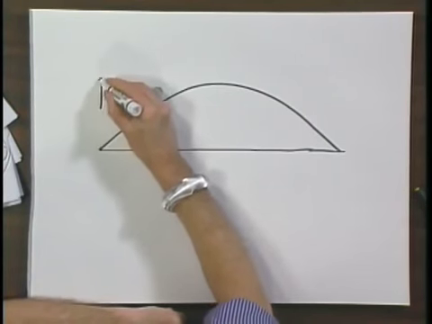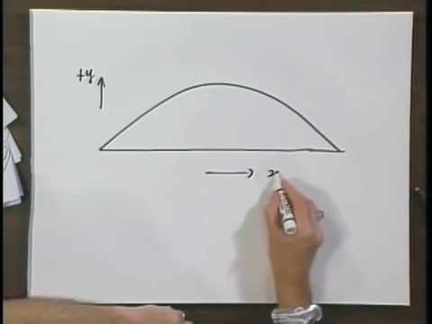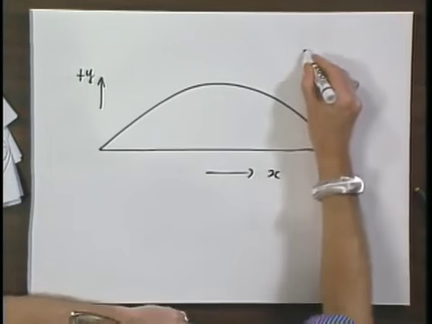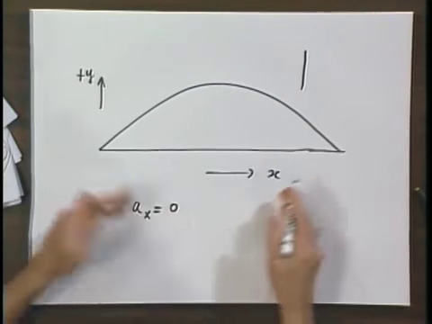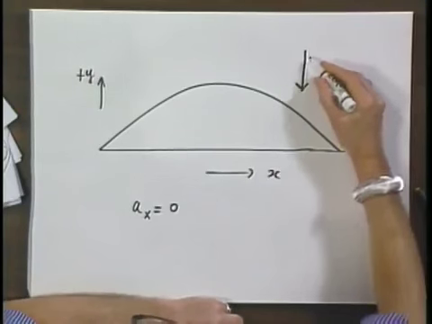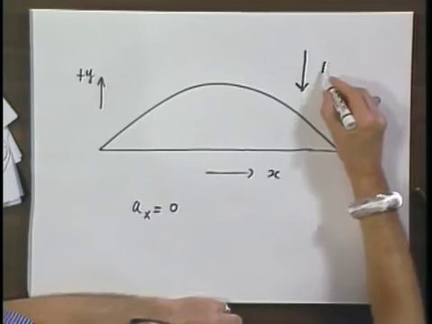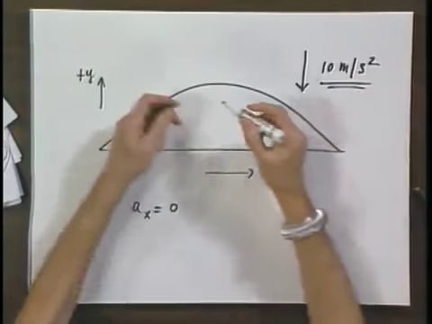And if we call this the plus y direction, this the x direction, which is quite common, we will have no acceleration in the x direction, unless there is air drag, and there will be an acceleration in the minus y direction, which is 10 meters per second squared. So we will often deal in this course with situations whereby we do have a constant acceleration.